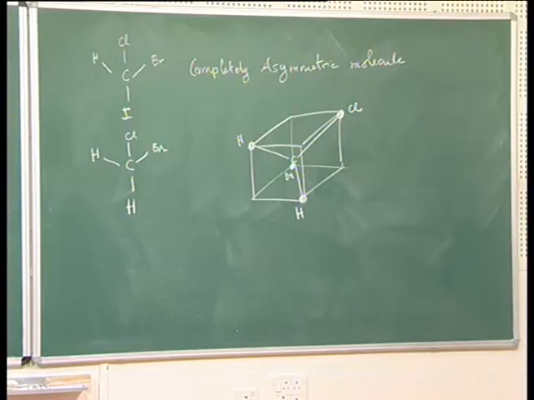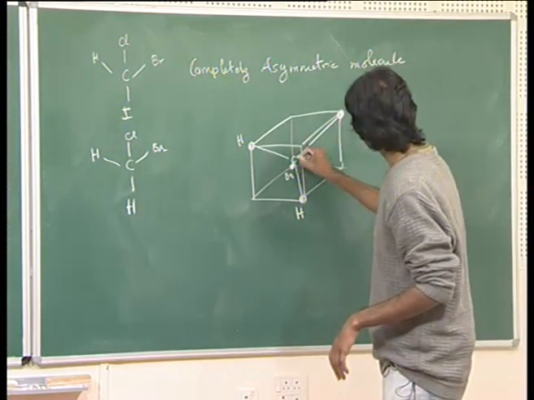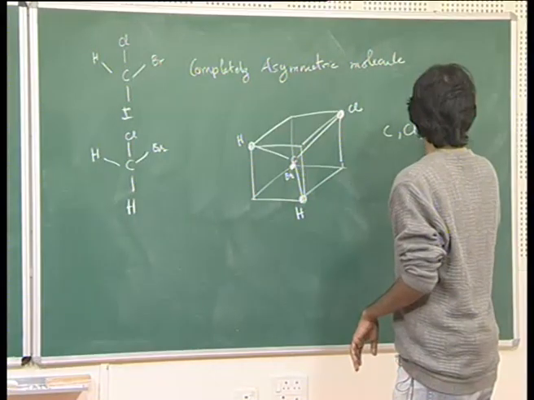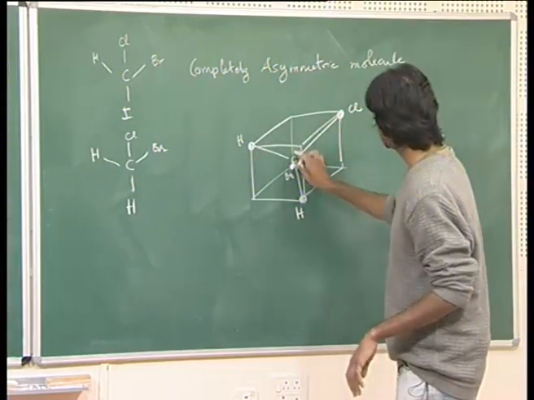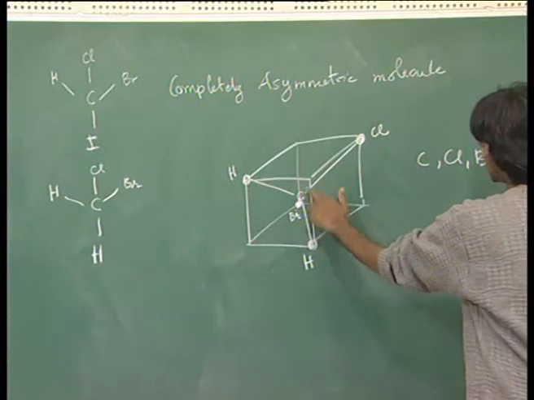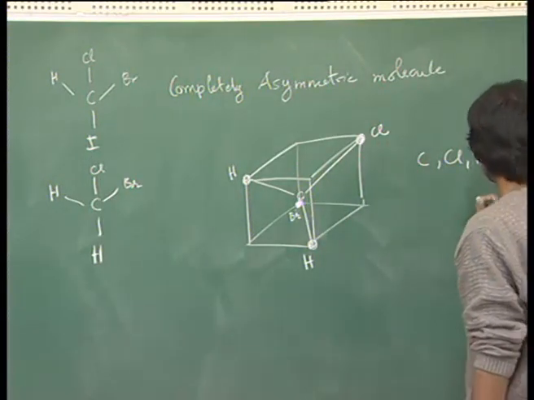Now, you can just look at this molecule and you can say that these three atoms, so the C, Cl, Br, the points corresponding to these three atoms, they form a plane.